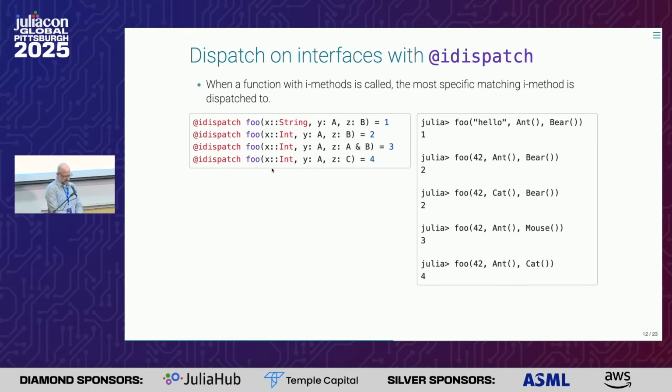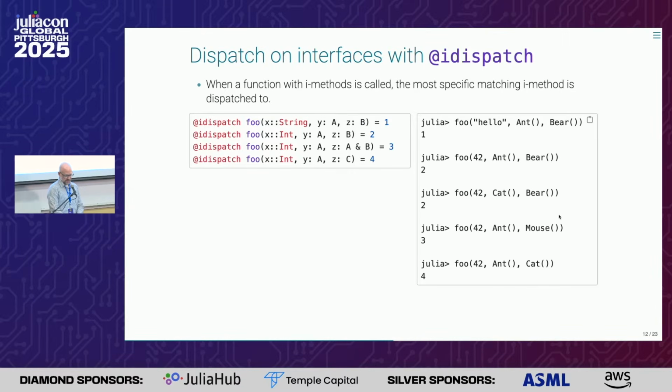So here on the left, I have an example where I've defined 4 iMethods for the function foo. And you can see they dispatch on both types and interfaces. So you use this colon syntax in order to define a dispatch on an interface. And note in the third method, the third argument is dispatching on an interface intersection.